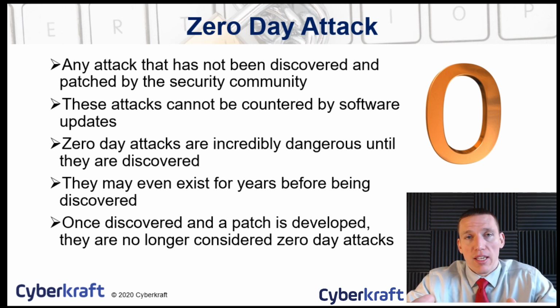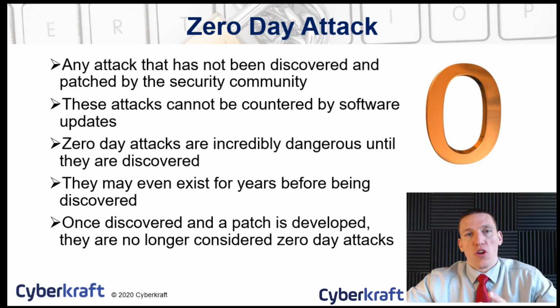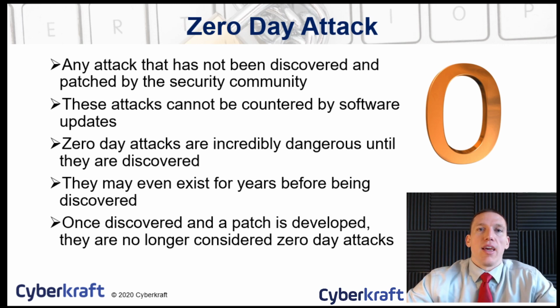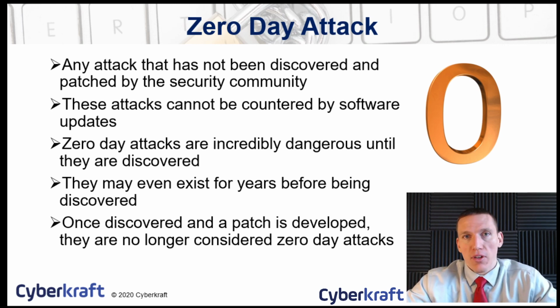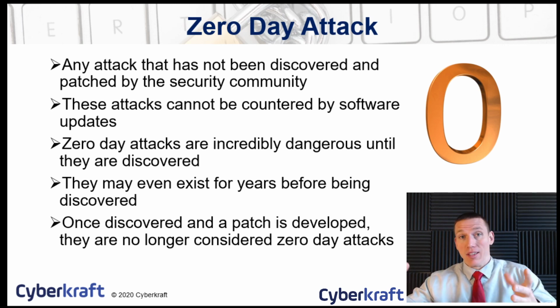Whoever discovered the threat may share it on the dark web or with other hacker communities, or sell it on the black market as an exploit, until it's discovered by the security community, addressed, countermeasures are put in place, and it's listed as a known vulnerability. It's known as a zero-day attack because there have been 0 days since a patch has been developed.